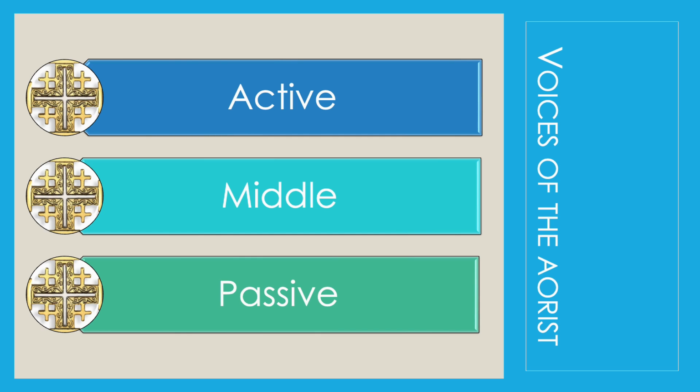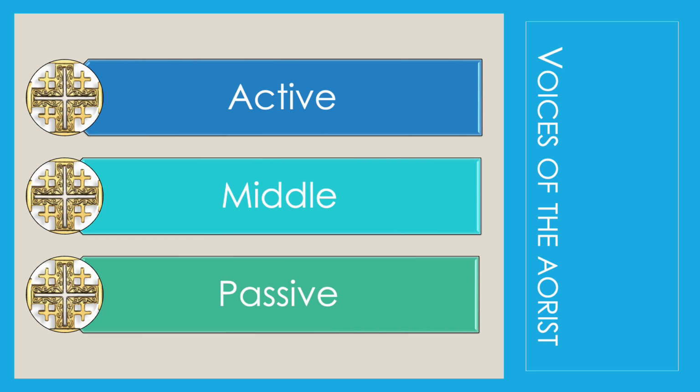So you have to work out whether it's middle or passive by looking at the context, which is called the syntax, as well as the morphology, the actual shape of that word. And look up maybe in a lexicon, you can look up what the word actually is and how it is used to understand that. But the aorist and the future both have separate passive voices, so we know exactly when they are passive.